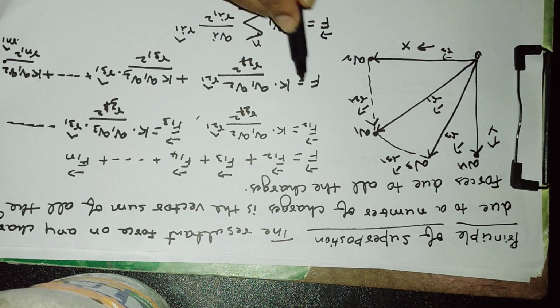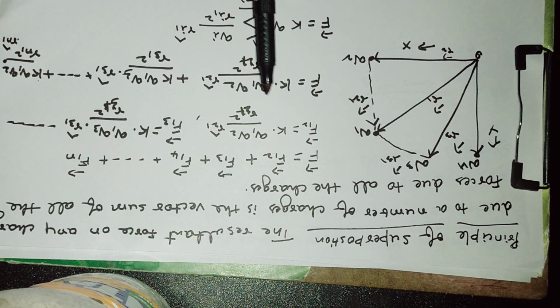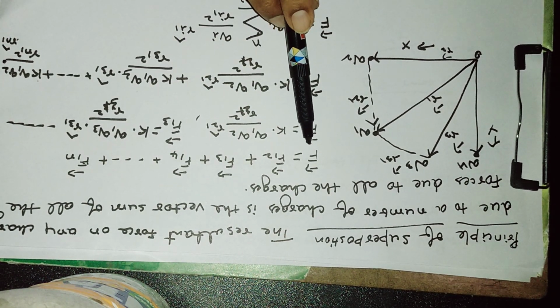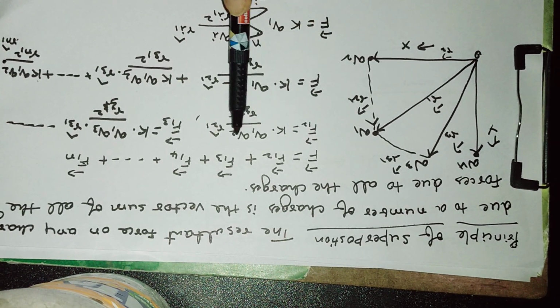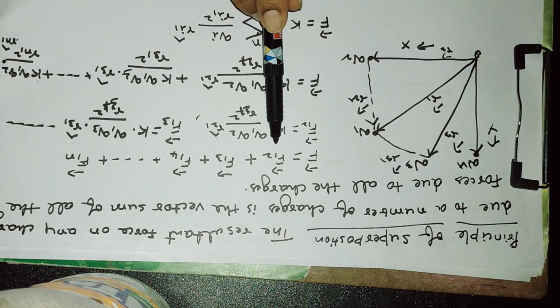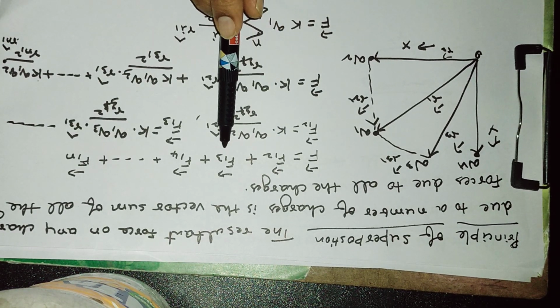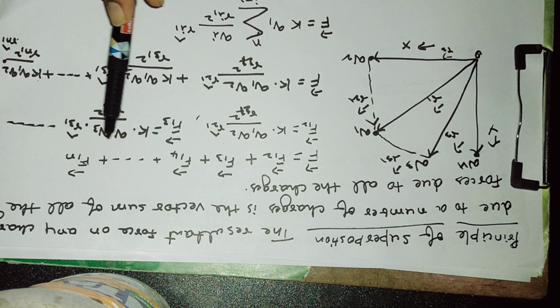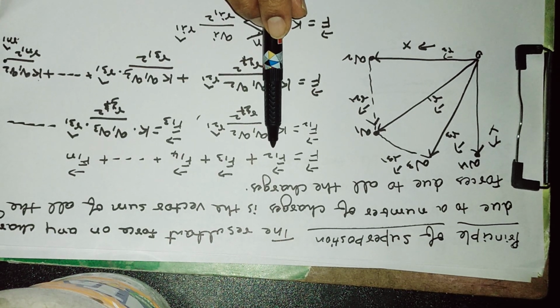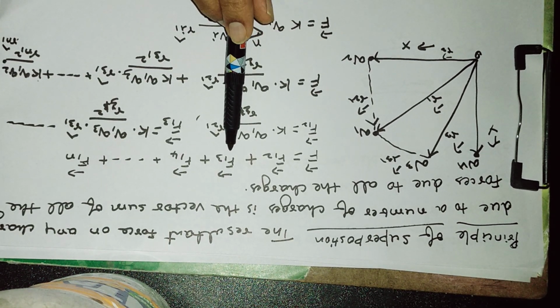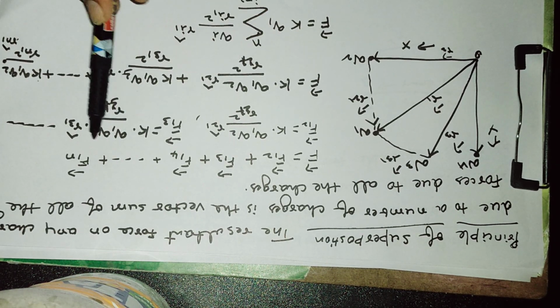Of course, this will be the resultant force. So I repeat, vector F is the resultant force on q1 due to all other charges. It is represented as vector F12 plus vector F13 plus vector F14 etc. up to vector F1n, where F12 is the force acting on the first charge due to the second charge, F13 the force acting on the first charge due to the third charge, and so on.